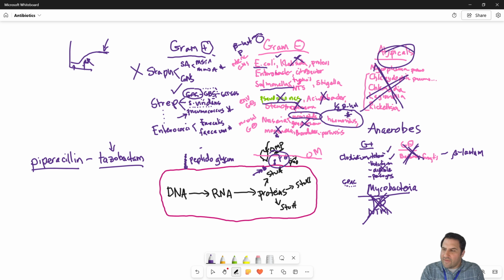Well, how is MSSA resistant to penicillin? Remember, Staph aureus makes a beta-lactamase. But now you've inhibited the beta-lactamase. So do you get activity on MSSA? The answer is suddenly you do. You do get it. Fantastic.